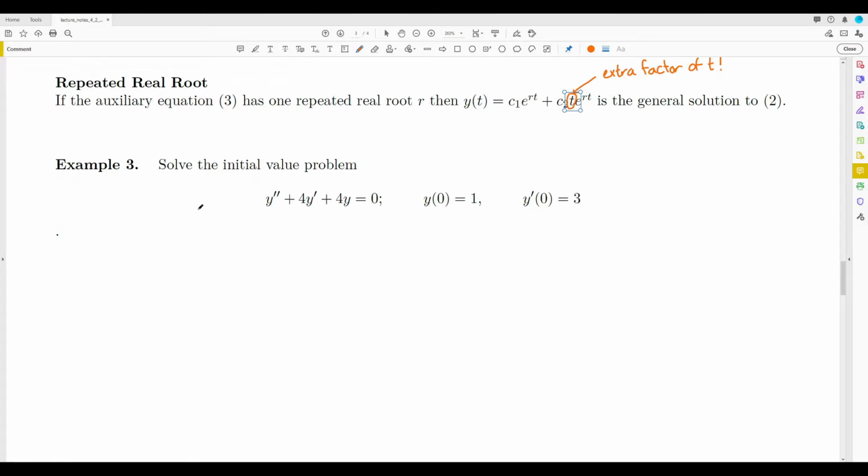So you want to solve the initial value problem y double prime plus 4y prime plus 4y equals 0 with initial conditions y at 0 equals 1 and y prime at 0 equals 3. So we go to the auxiliary equation first.